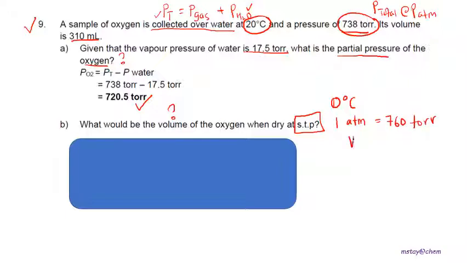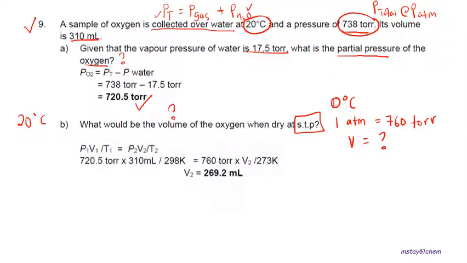So what is the volume? We have no idea. But before the gas is dry at STP, the temperature is 20 degrees Celsius, and the pressure of the gas is 720.5 torr, which we calculated over here, and the volume given here is 310 ml.